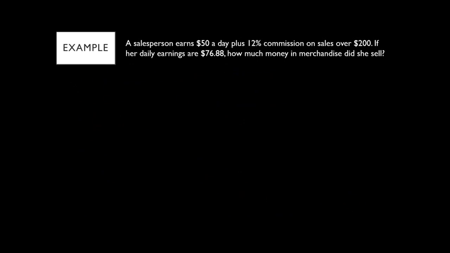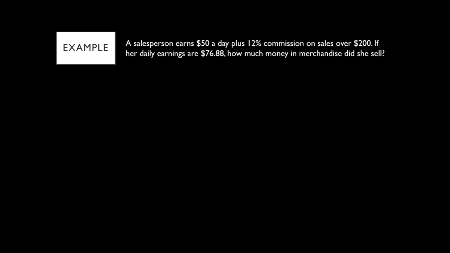So here we've got a salesperson earns $50 a day plus 12% commission on sales over $200. If her daily earnings are $76.88, how much money in merchandise did she sell? So this one, we can't just simply use our commission formula because you have to think about what's actually going on.